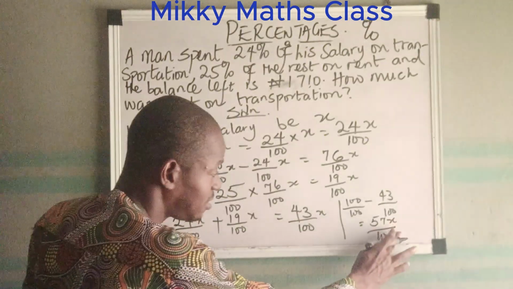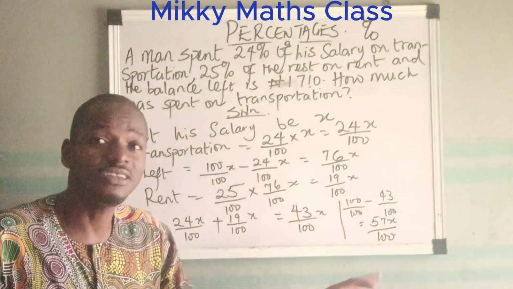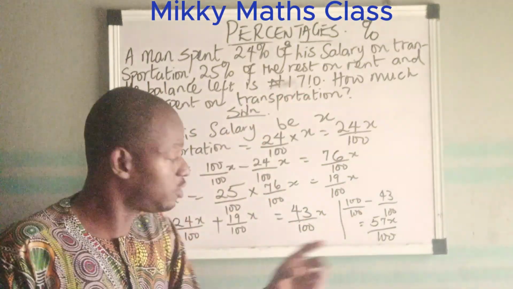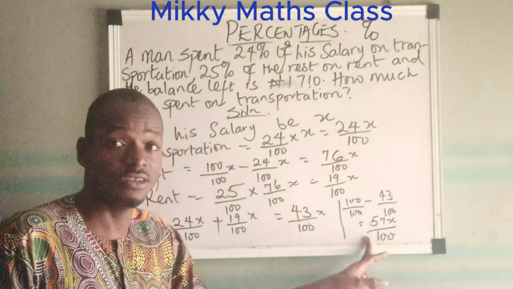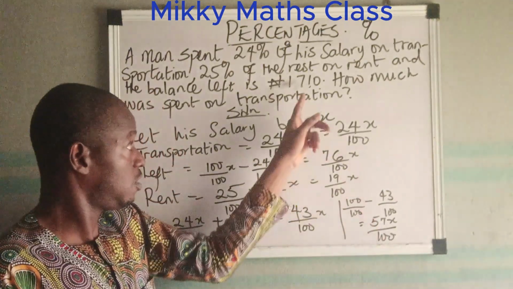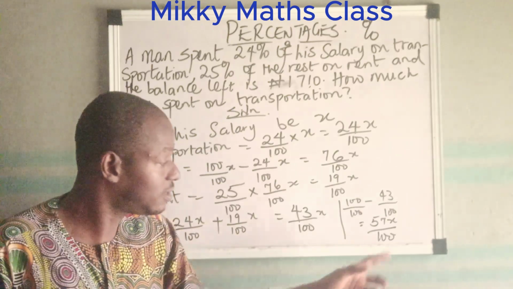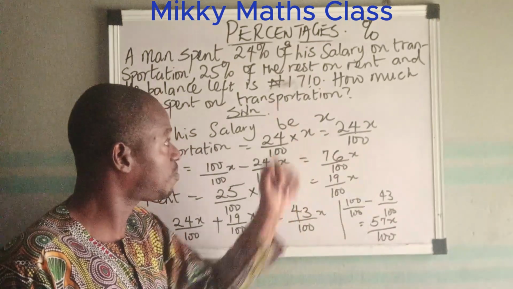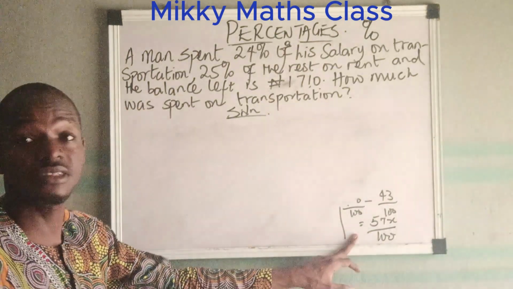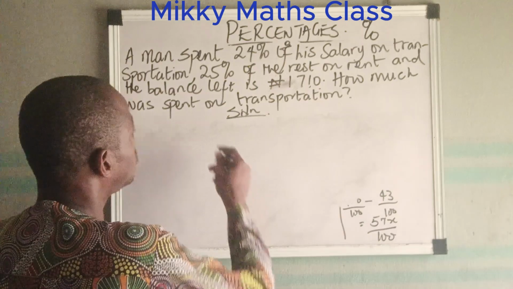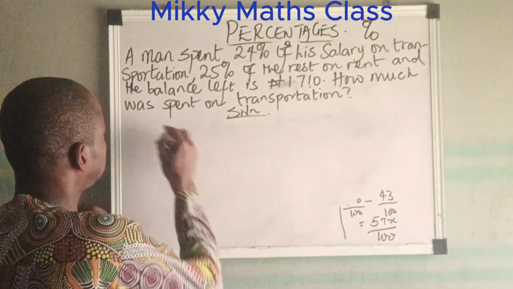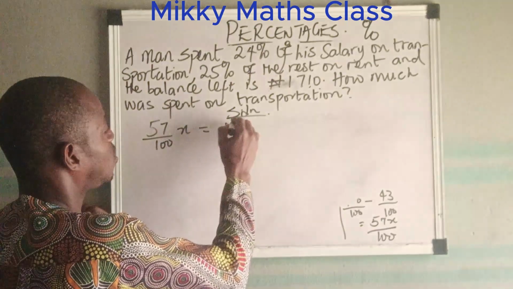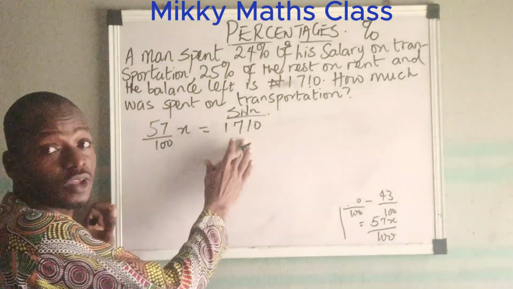That's the percentage that is remaining, and we're told that this percentage is equal to the amount left. So we equate this 57 over 100x to this amount, then we find the salary he was receiving before he spent it.